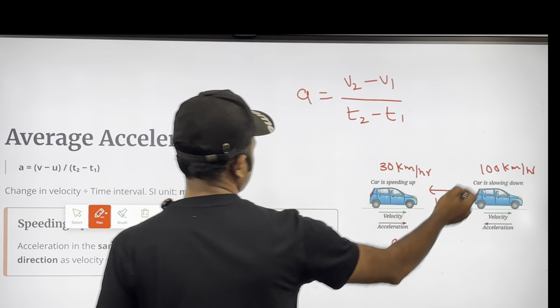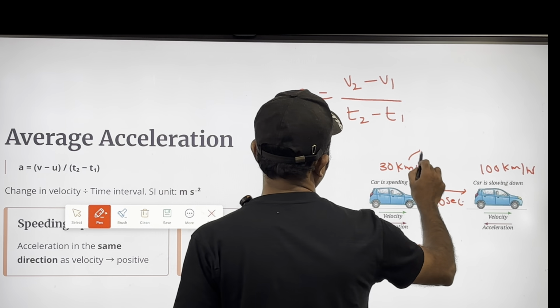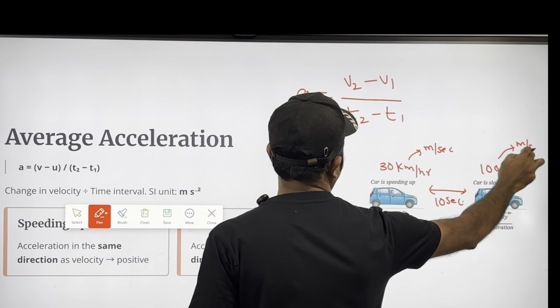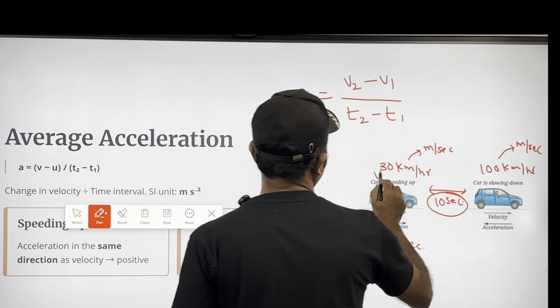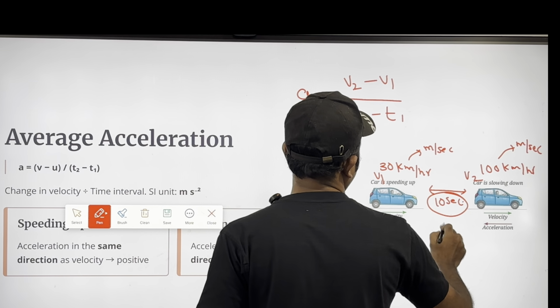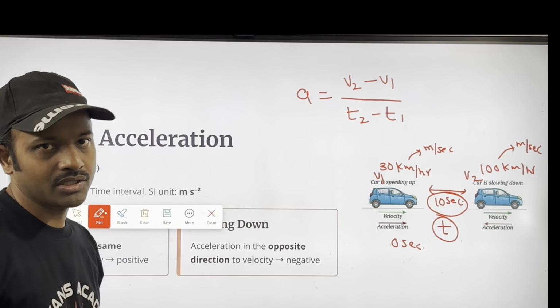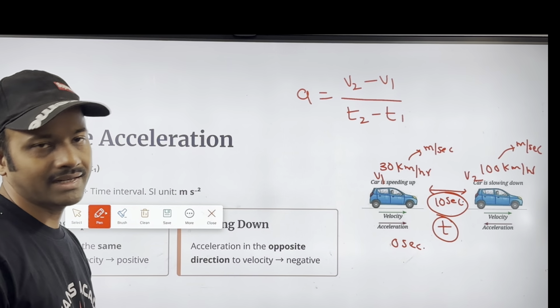So acceleration equals change in velocity by time. Suppose the speed is in kilometer per hour, just convert this into meter per second, and time also in seconds. This gives you v1 and v2, and the time gap: starting time is 0 seconds, ending time is 10 seconds, so t2 minus t1 is 10 seconds.